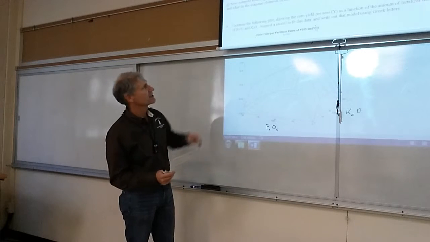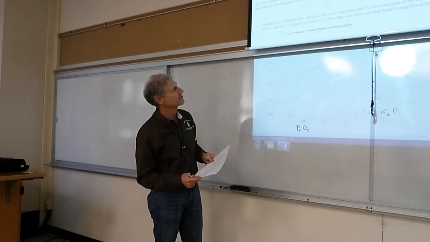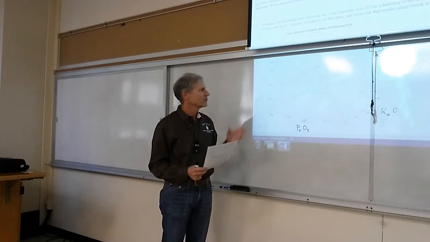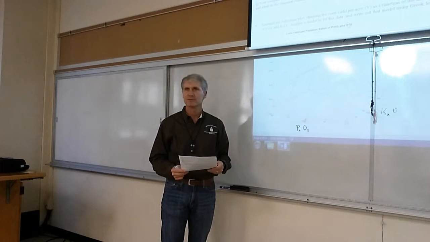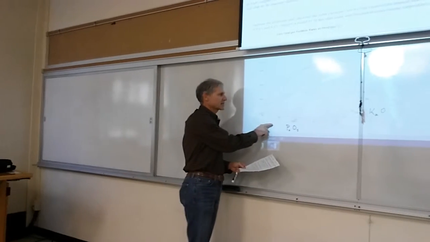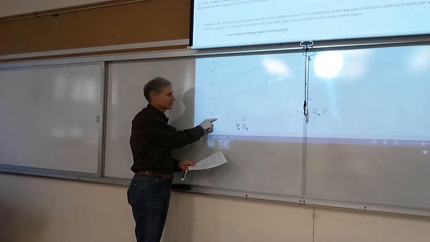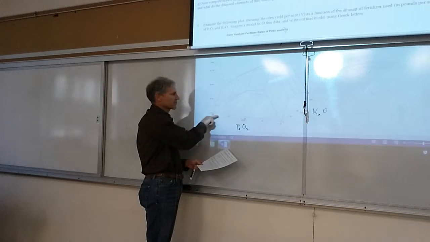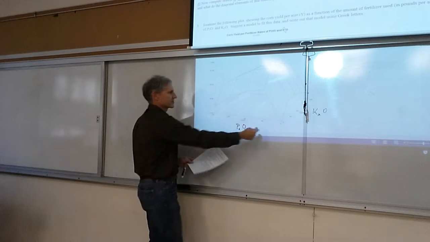But the question says, suggest a model to fit this data, and write out that model using Greek letters. So what do you notice about the shape? Okay. If you look only at the phosphorus levels, right? As you increase phosphorus, this is increase.